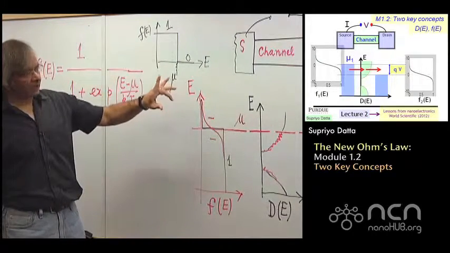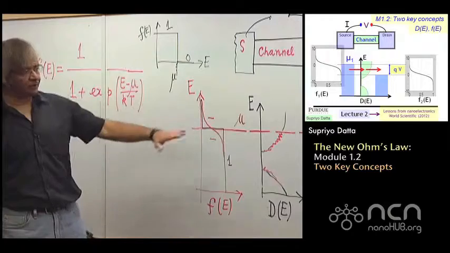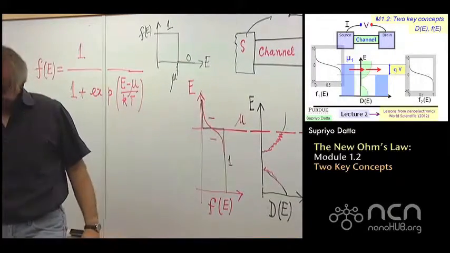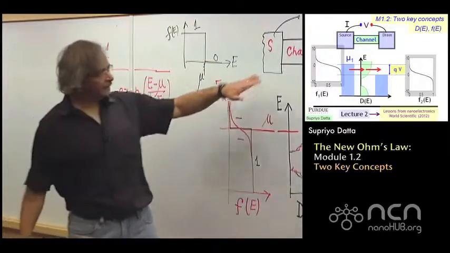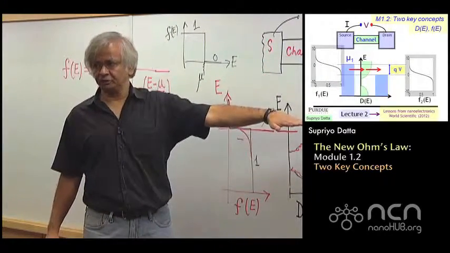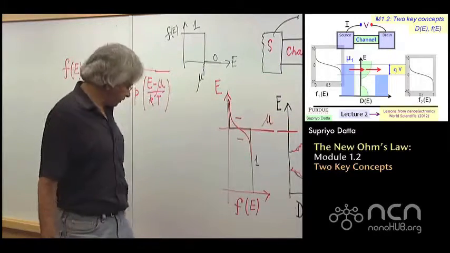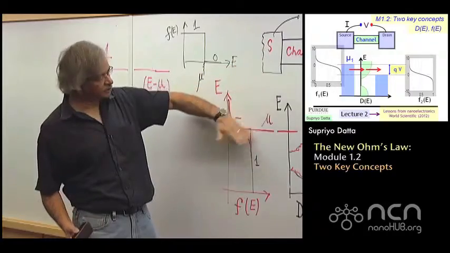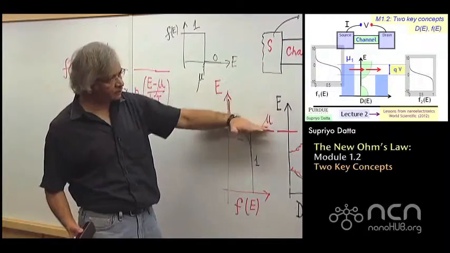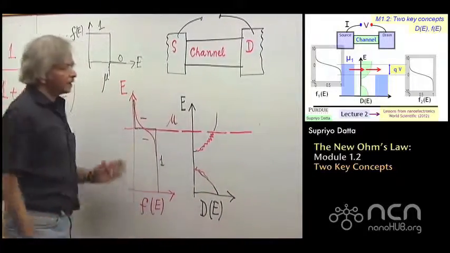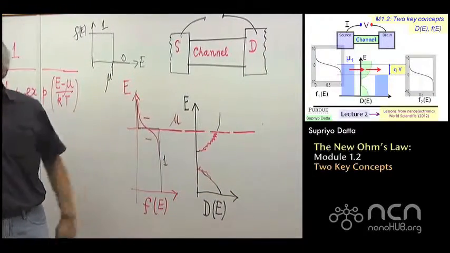Now, another additional point I want to make is that usually if this whole thing is in equilibrium, then you have a common electrochemical potential all the way. So just as you have an electrochemical potential on the left contact, which tells you how far it is filled, there is a similar thing for the right contact. And at equilibrium, they are both the same.